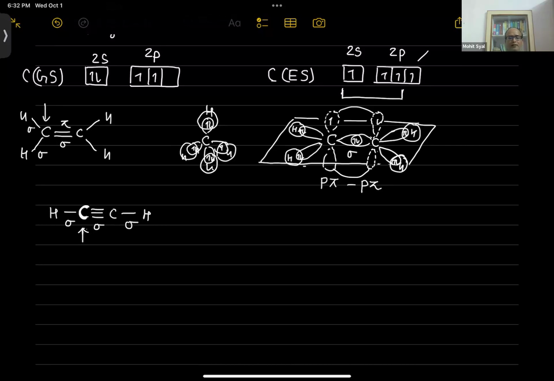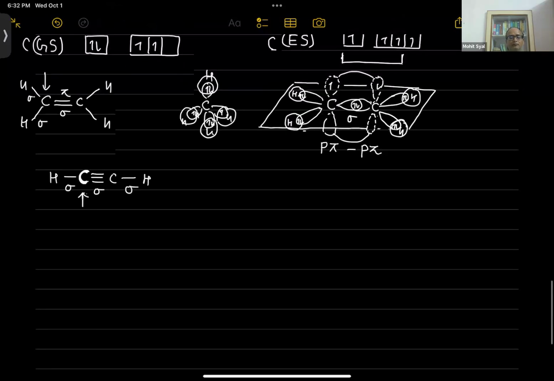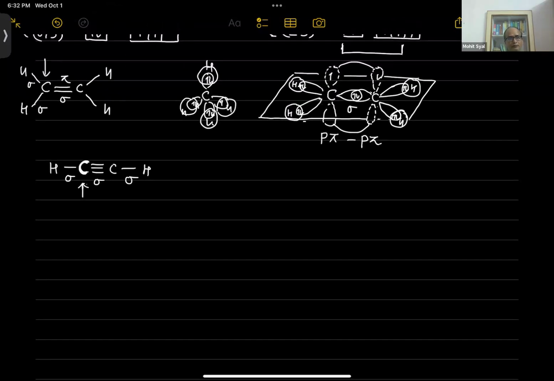What is the hybridization of this carbon? You need 2 of the atomic orbitals of the carbon to mix together and form 2 sigma bonds. You can take sp. This is an sp hybridized carbon.